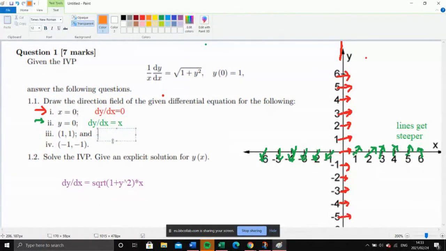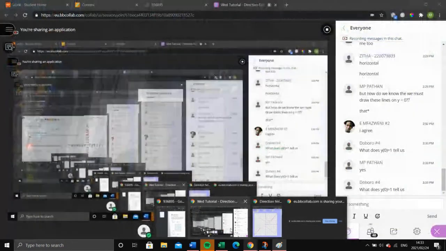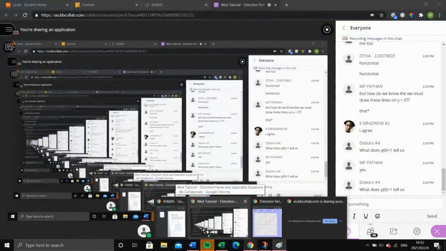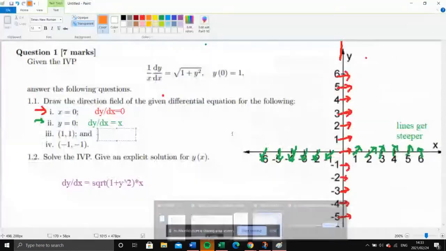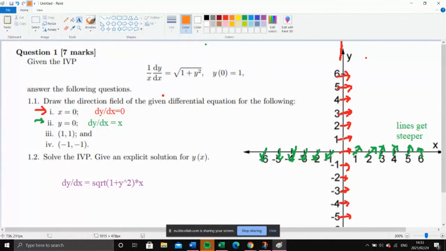I'm looking at the point 1, 1. So when x is equal to 1 and y is equal to 1, what does y of 0 equals 1 tell us? y of 0 and 1. This point here. So this is the point x is equal to 0, y is equal to 1.